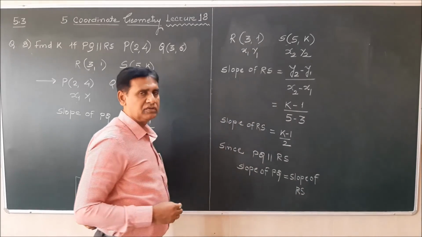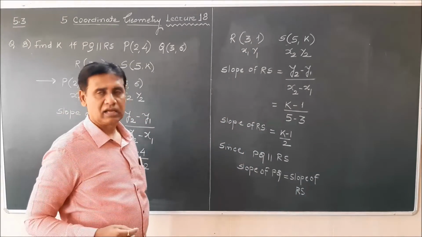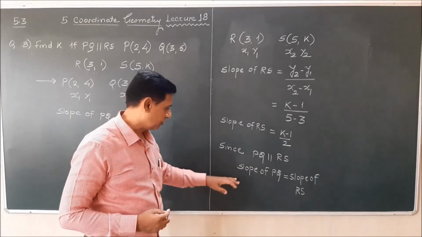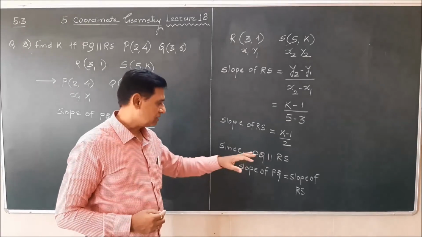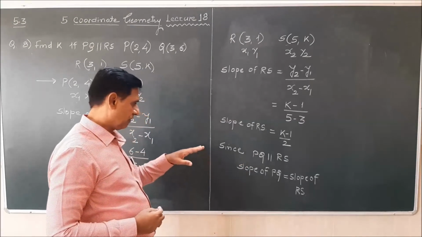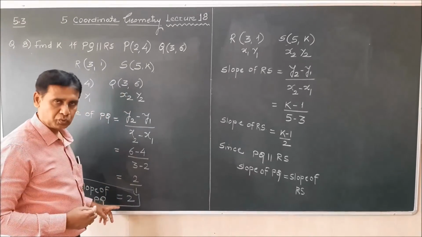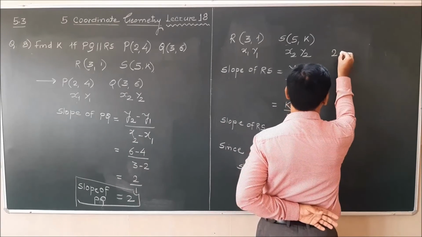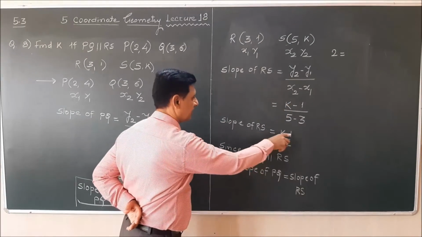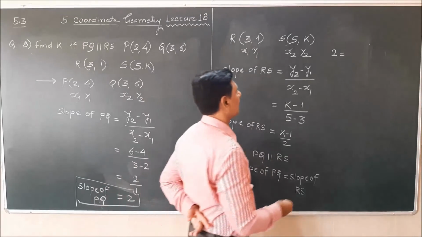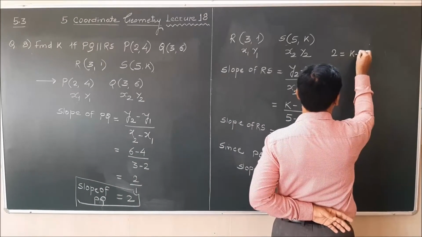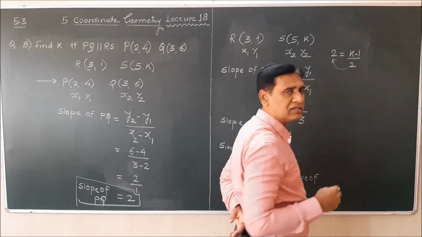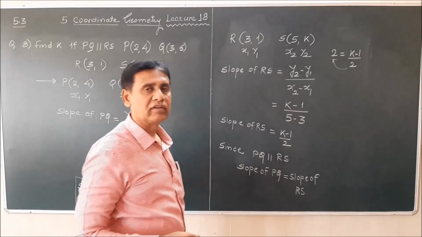Now I'm substituting the values of slope of PQ and slope of RS. So value of slope of PQ is 2. So 2 is equal to, slope of RS is k minus 1 upon 2. Of course, I am interested in finding out the value of k.